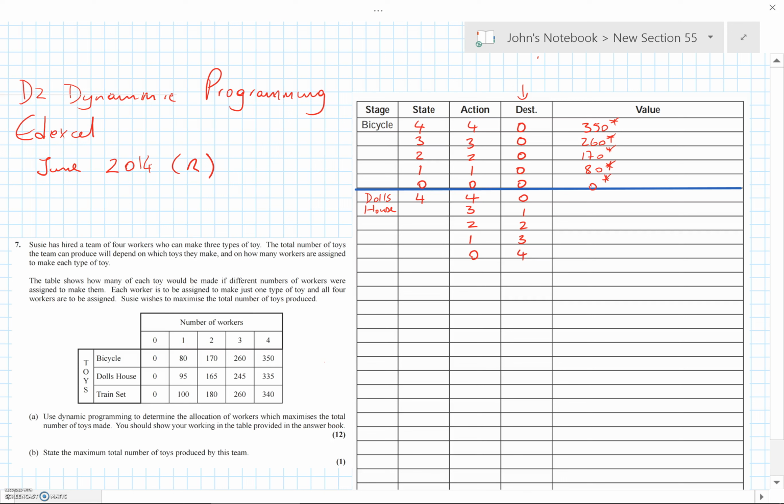Okay, so the whole essence of dynamic programming, as I keep emphasizing, is that we are pulling down starred values from before. So here we are pulling down the 0 from before, which is just 0. But if we've got 4 doing doll's house, so that's 3, 3, 5.